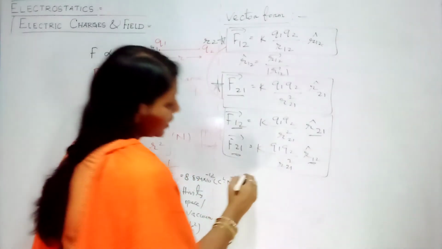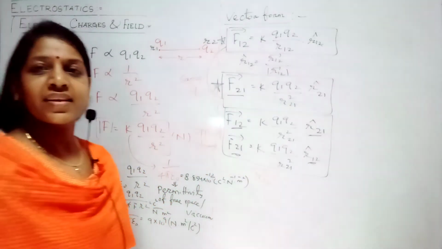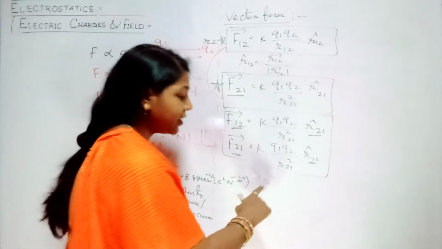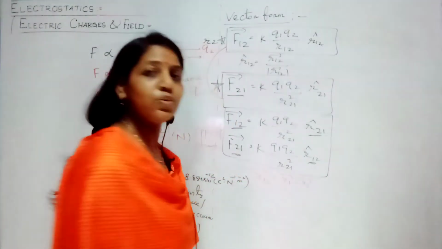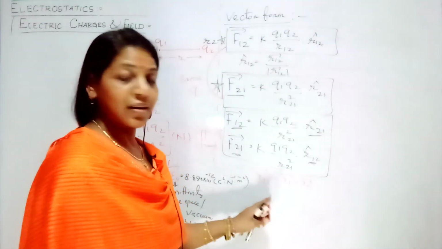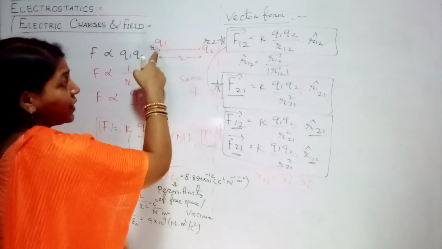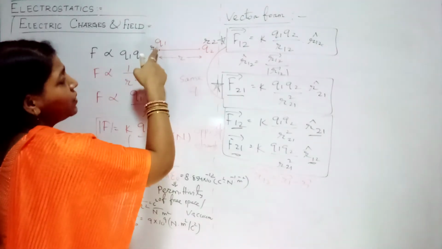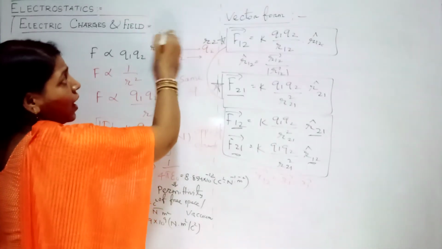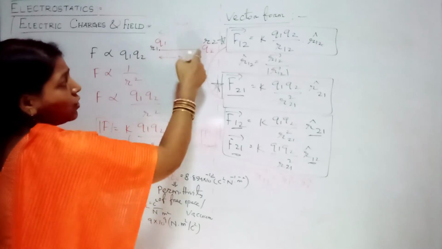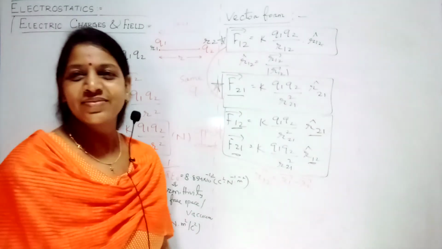And remember, when I am saying R12, what does it mean? Its meaning is nothing but the vector R1 minus R2. See here, suppose you want the force experienced, the vector, not force, vector, from this 1 to 2. So what will I write? 1 to 2 is nothing but R21, from final to initial, so R2 minus R1.